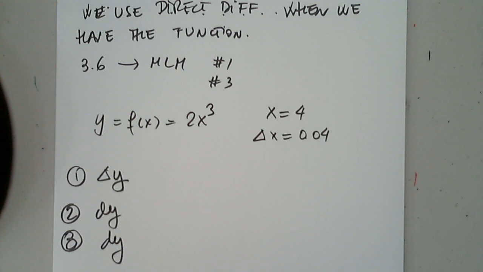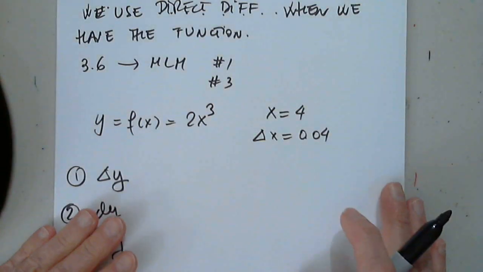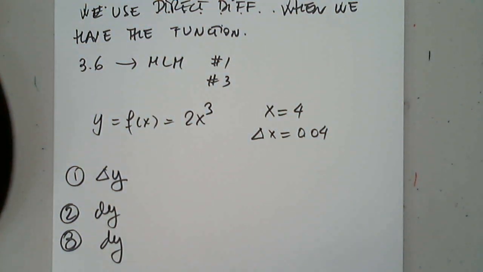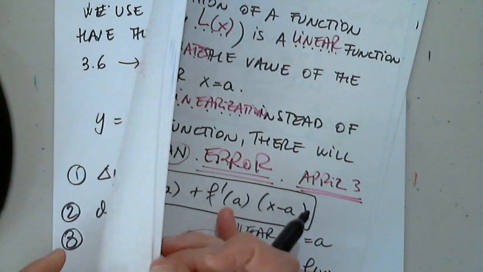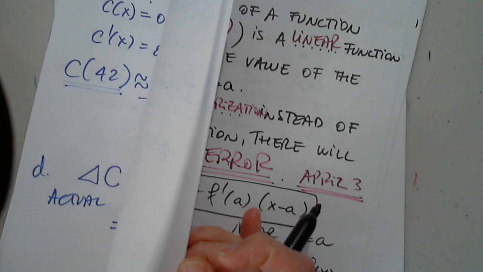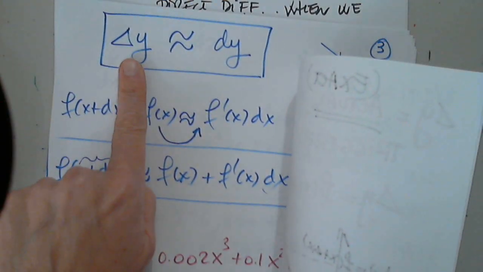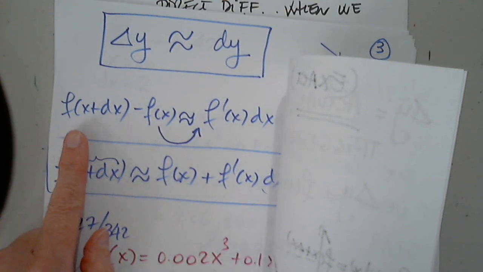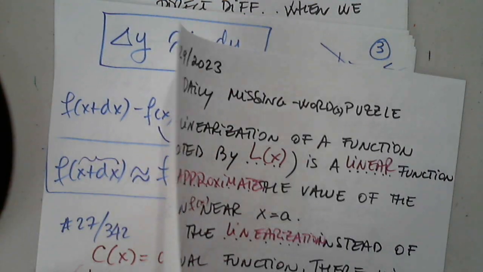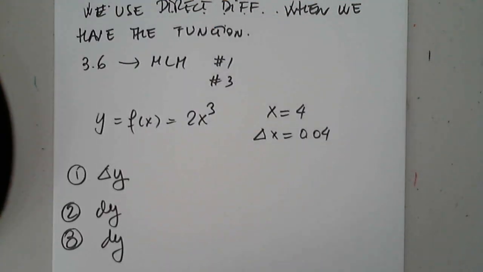Okay, so let's see how we address that. If you remember, I did not put it in the recycling bin because I think I'm going to need it a few times. So delta y is f of x plus dx minus f of x. All I have to do is just copy that.